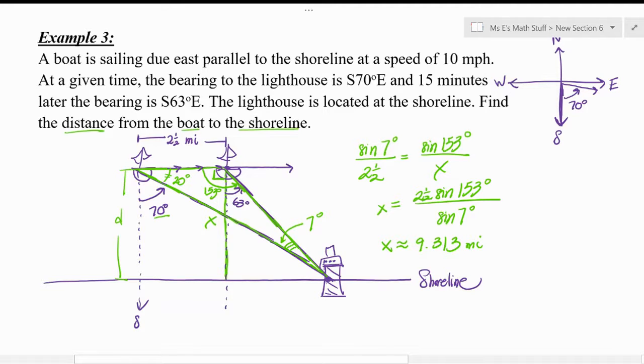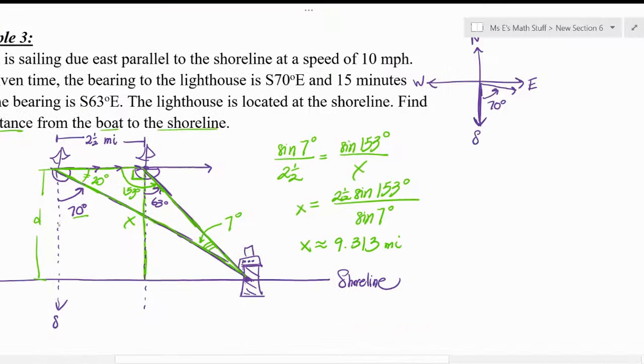But that's not the distance we're trying to find. We're actually trying to find that D value over there. So now I'm going to transition to looking at this right triangle over here. You could use law of sines, but why would you? It's a right triangle. I know this 70-degree angle, and I now know what x is, and I want this distance right here.